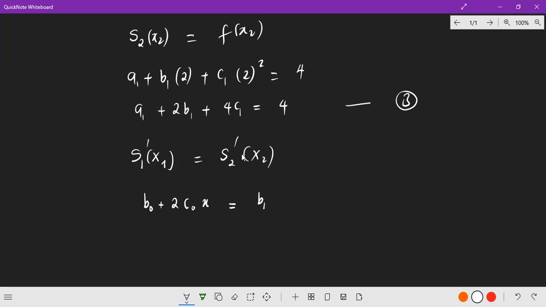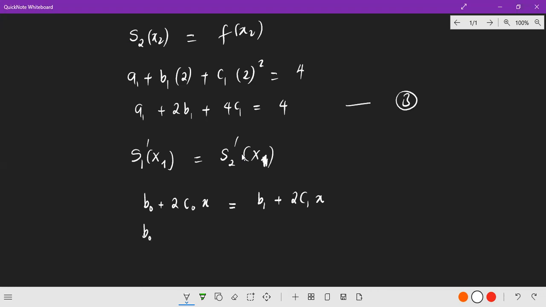which is just going to have b1 plus 2c1 x. And then evaluating at what point? The point is x1, not x2.